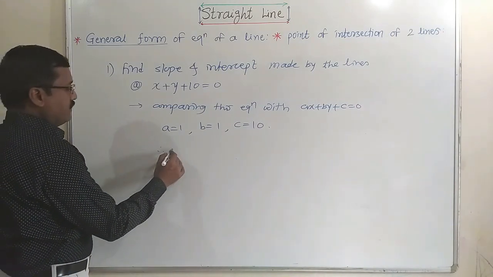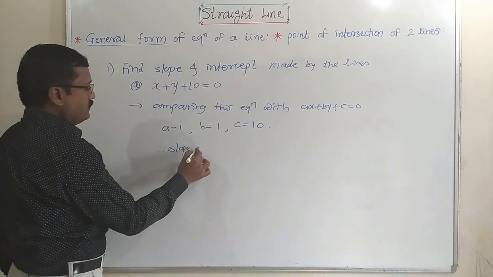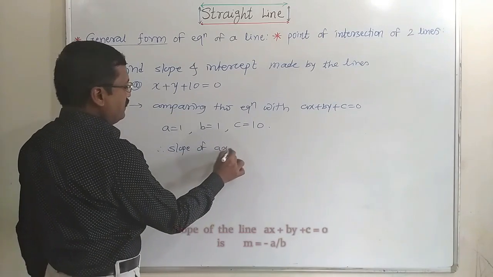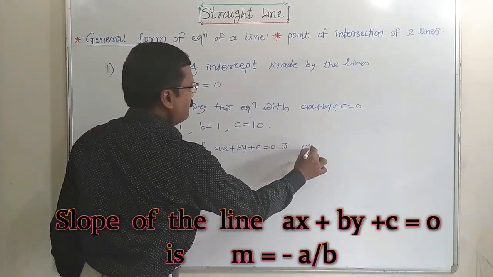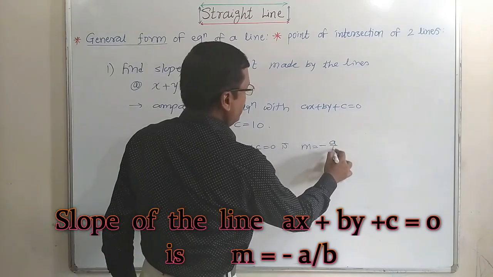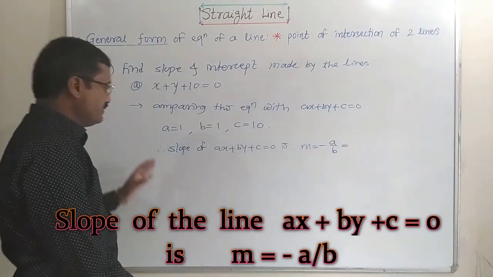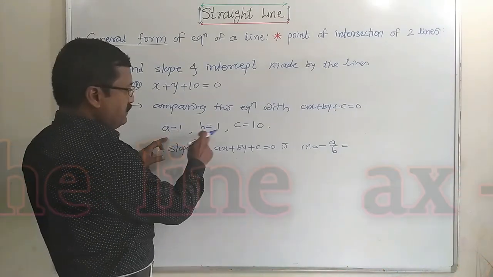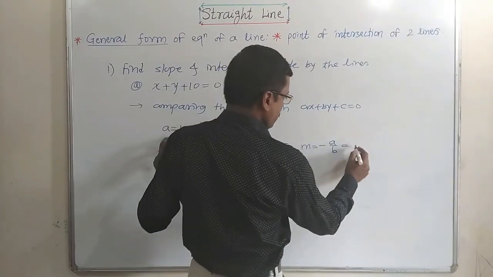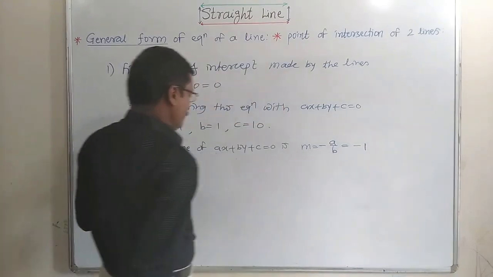Therefore, slope of ax plus by plus c is m equal to minus a upon b. That means here we are using formula. So minus a upon b, a is 1, b is 1. So 1 upon 1. So we get here minus 1.